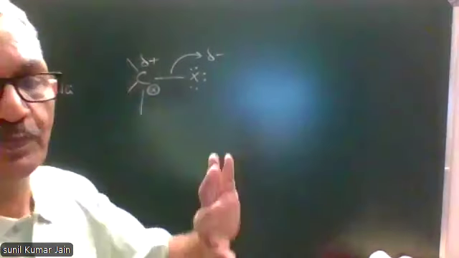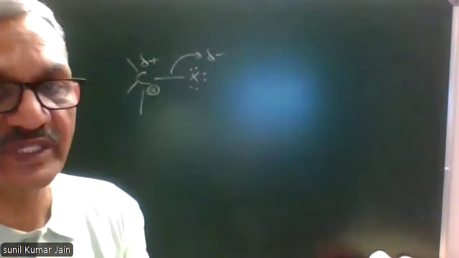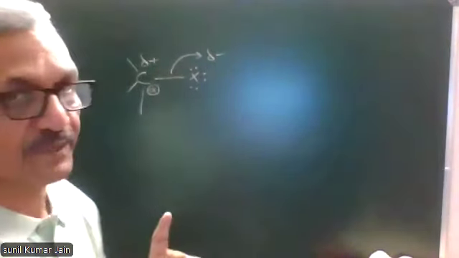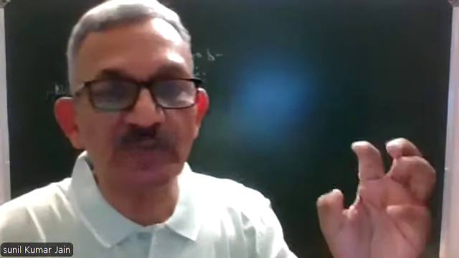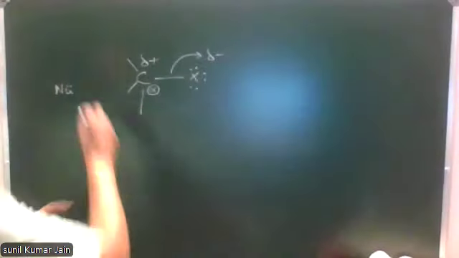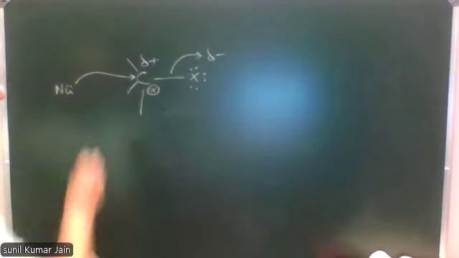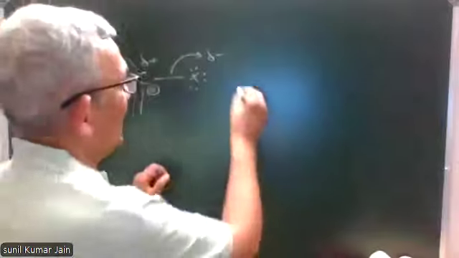And you can see due to the polar nature of the bond, alpha carbon is electron deficient. It carries partial positive charge. And due to this positive charge, electron rich particle, that is nucleophile. Nucleophile is nucleus loving. Nucleus loving means positive site loving particle. So nucleophile will attack alpha carbon atom which is electron deficient.